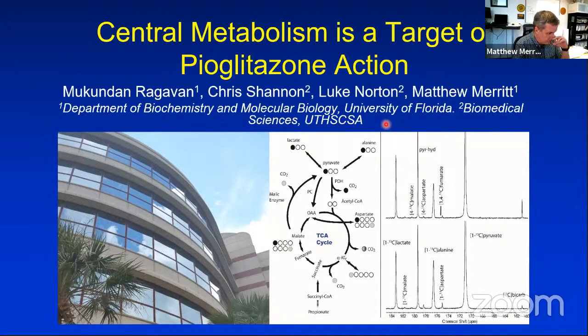But I'm really going to talk today with an MR set of lenses. I'm going to describe how you can use different methods to ask questions about metabolism. This is kind of a reason to talk about the isotope methods.